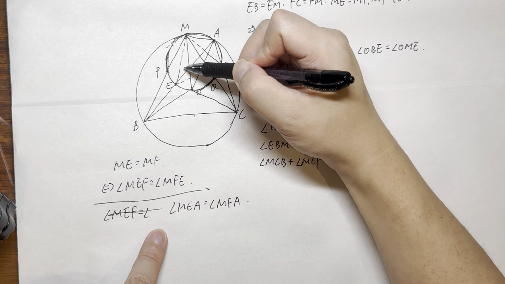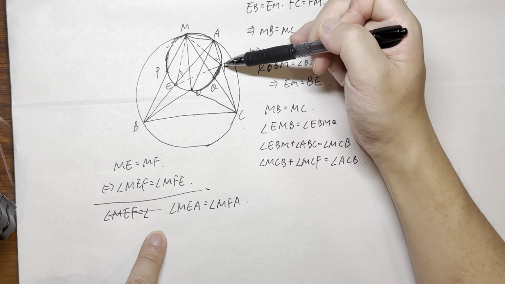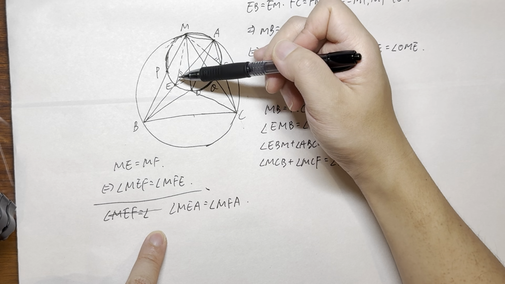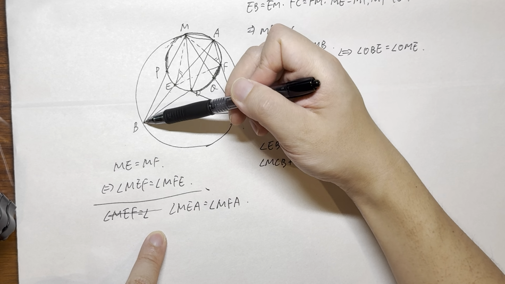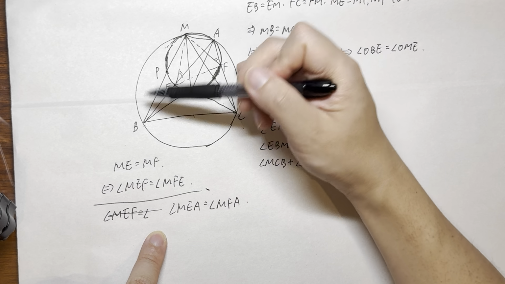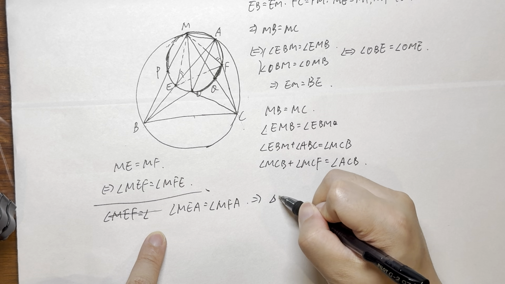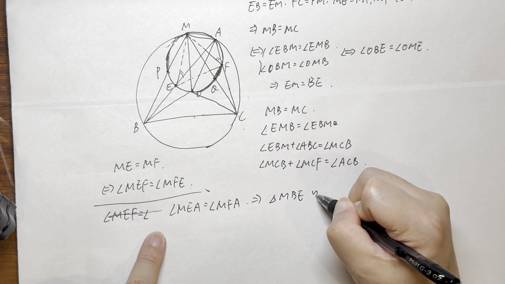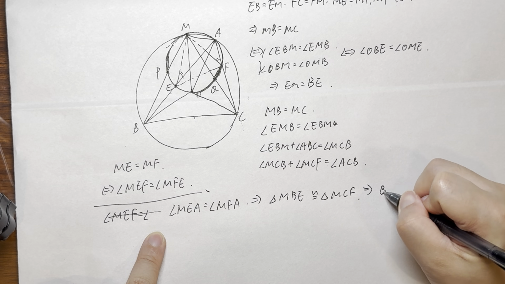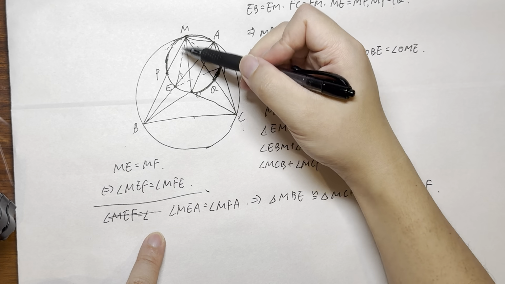And because triangle MBE and triangle MCF are isosceles triangles, angle MBE equals angle MCF. And we already know that BM equals CF, which means triangle MBE is congruent to triangle MCF, which means ME equals MF, right? ME equals MF.